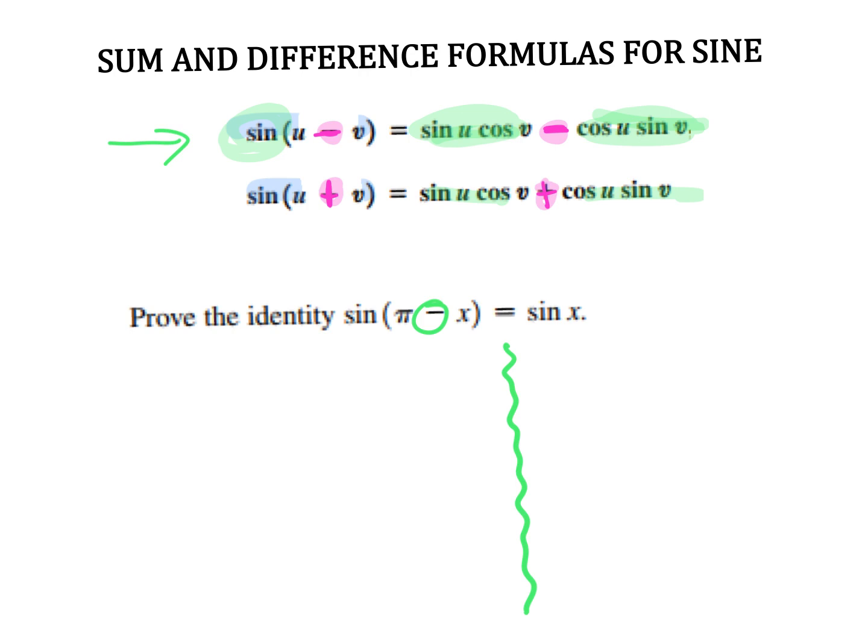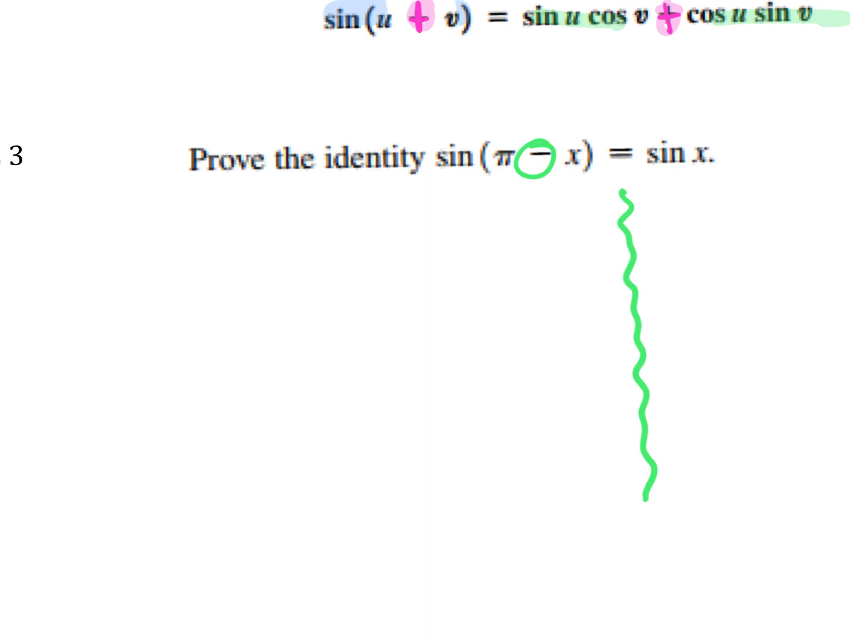So we want to write this as the sine of the first, which in this case is pi, times the cosine of the second, which is x, and then minus the cosine of the first times the sine of the second.